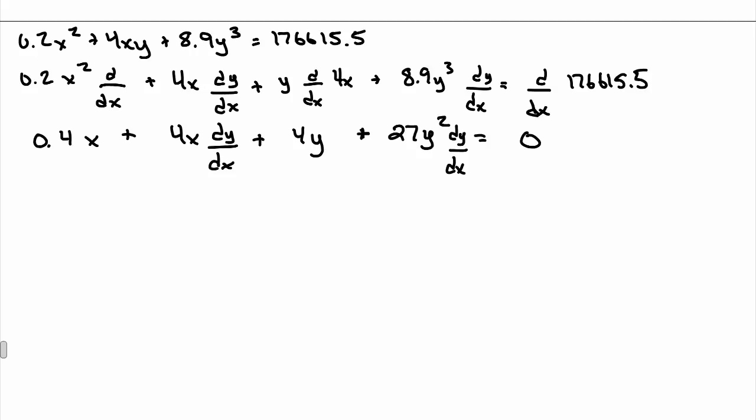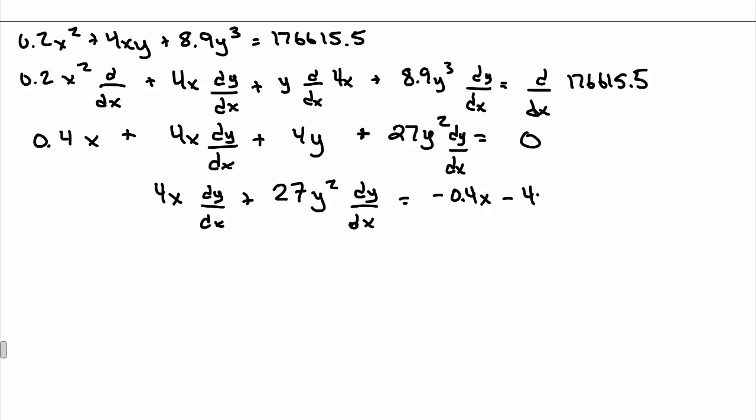All right, so we have to solve for dy/dx. So we've got to get dy/dx by itself. Everything that does not have a dy/dx, we move over to the right side of the equation. So when we do that, we have 4x dy/dx plus 27y² dy/dx equals negative 0.4x minus 4y. Then we factor out a common factor, which is dy/dx.